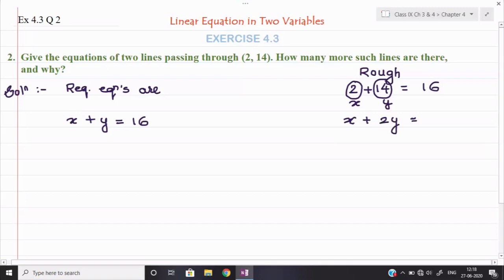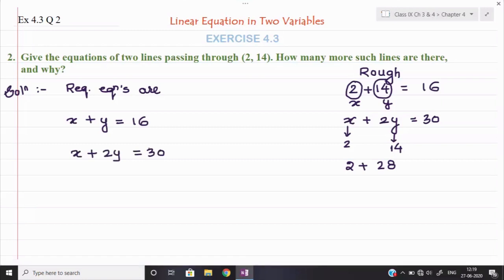Suppose you keep here x equal to 2 and y equal to 14, what do you get? x is 2 only, plus 2 into 14, because y I am keeping 14, this will be 28. So what is the addition over there? 30. So the second equation is x plus 2y is equal to 30. Now you keep here 2 comma 14, again it will satisfy, 100% it will satisfy. I will give you one more example.